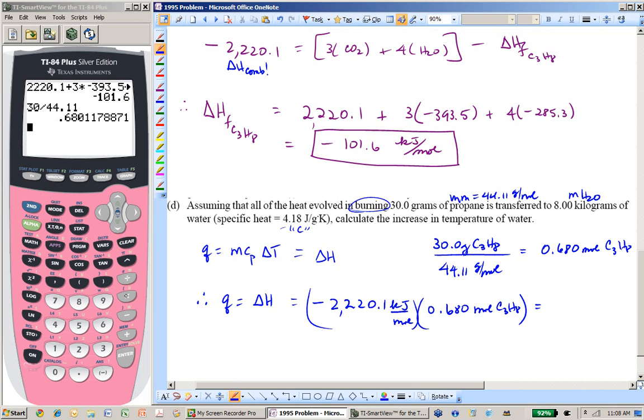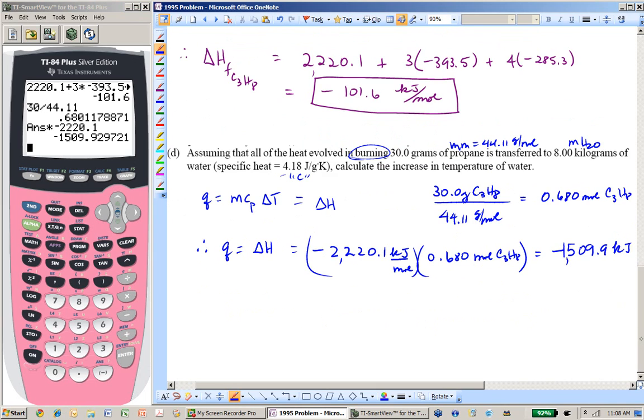Which is still sitting in my calculator, so just multiply it by the negative 2220.1, and I get negative 1509.9 kilojoules. That's how much heat is released in this burning business. So you want me to tell you how much the water increased? No problem.